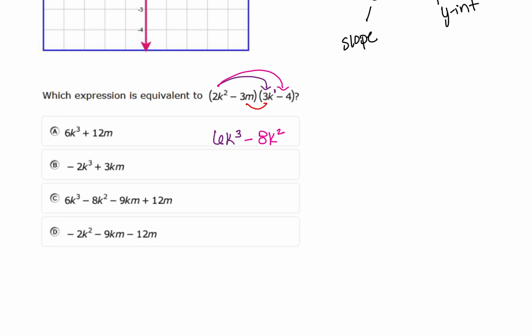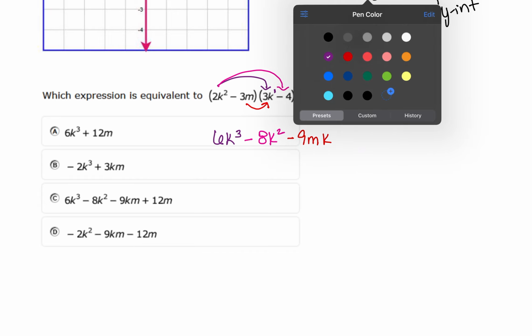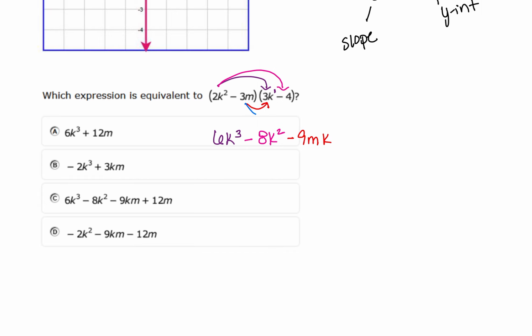Then you're going to do negative 3m times 3k, which is negative 9mk. And then your last one is going to be negative 3 times 4, which is a positive 12.